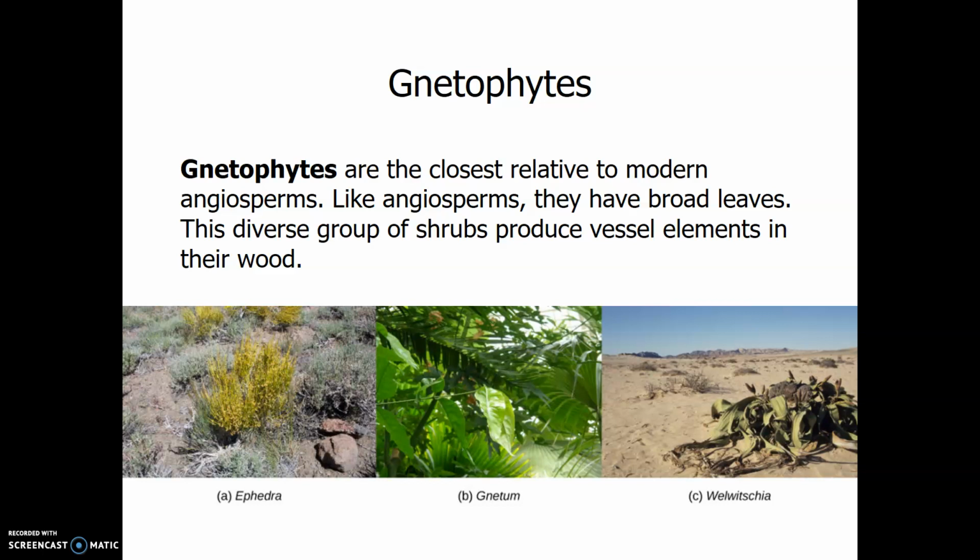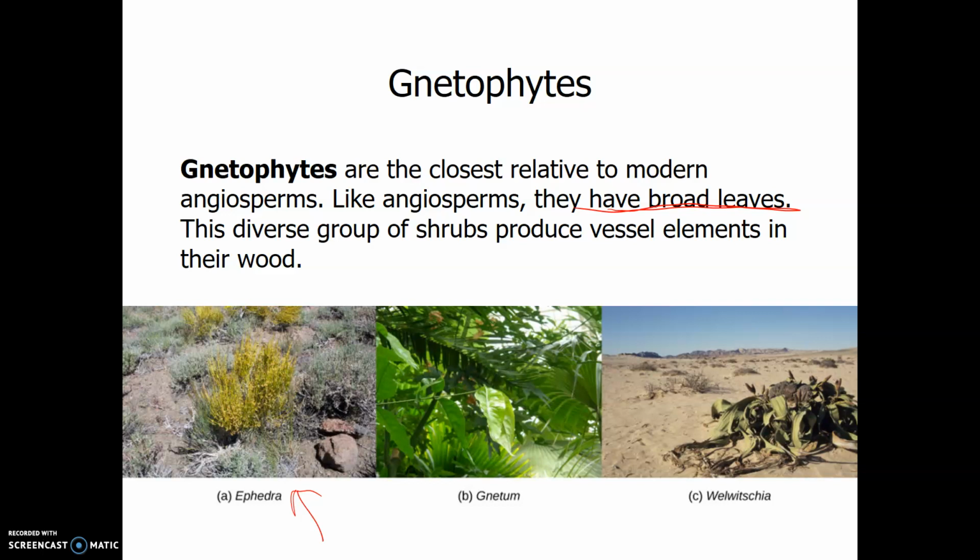Gnetophytes are the closest relative to modern angiosperms, or flowering plants. They have broad leaves instead of needles. You can see some examples of Ephedra, which has been used as an ingredient in diet pills.